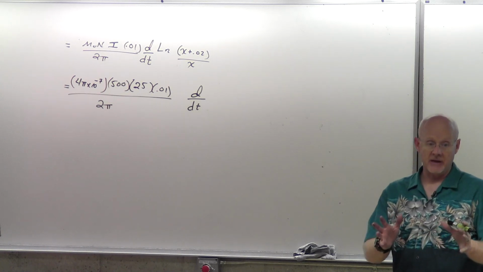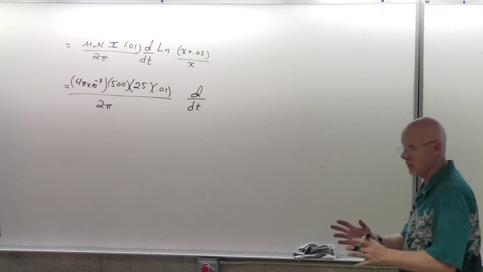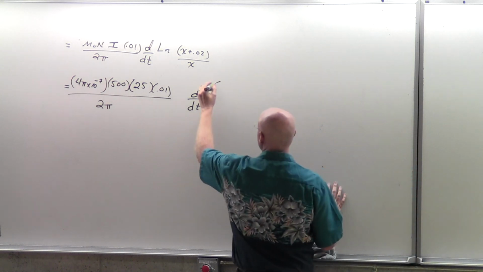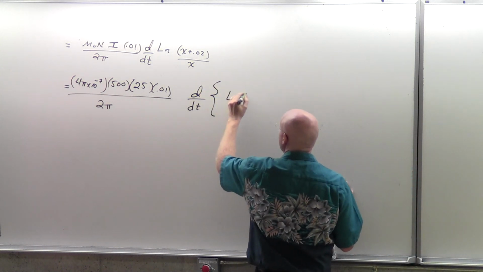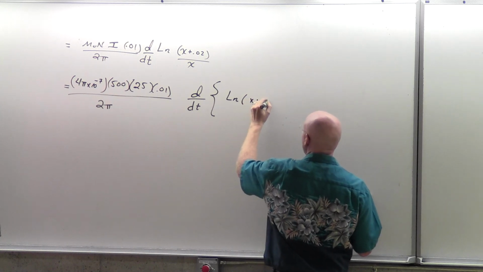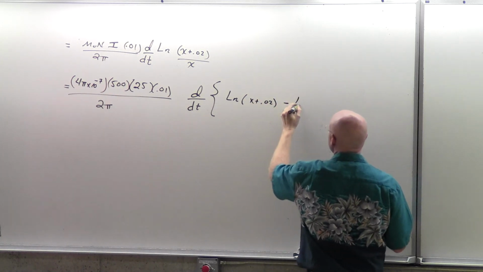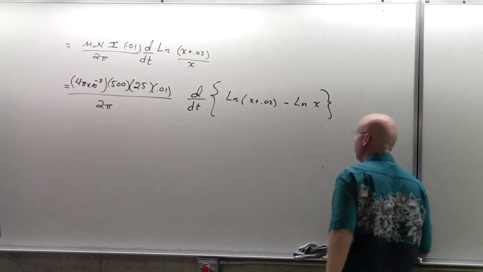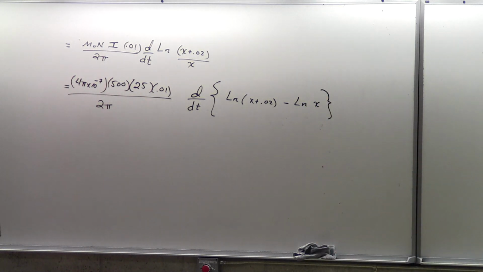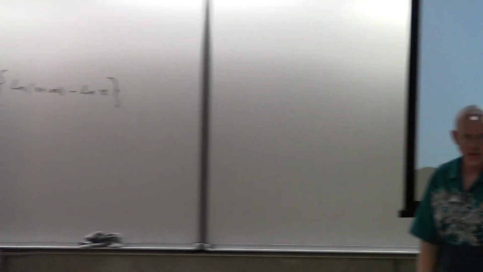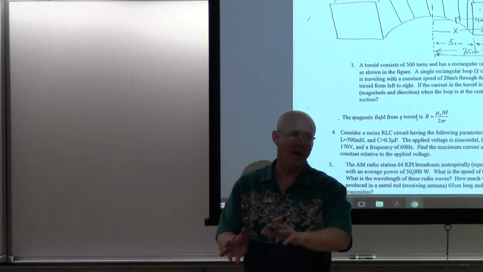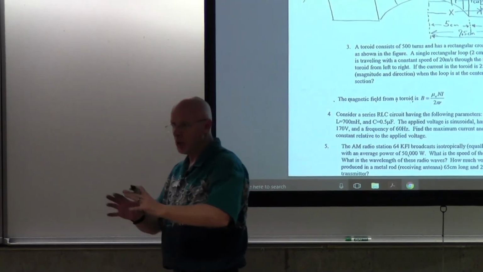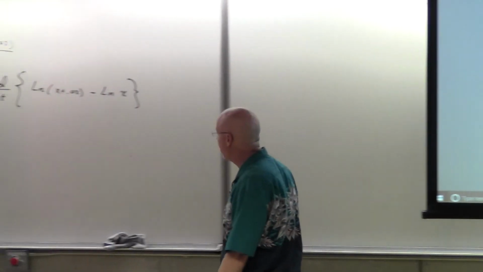But I can make it easy on myself. Let's change this to ln of x plus 0.02 minus ln of x. That's a much more inviting derivative. So I don't have a derivative of a log and then a chain rule that has a quotient rule inside of it; none of that looked too inviting.